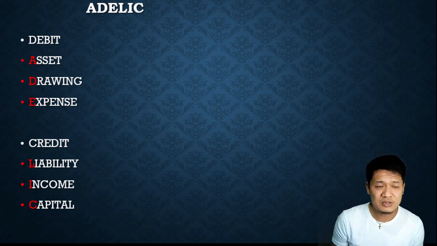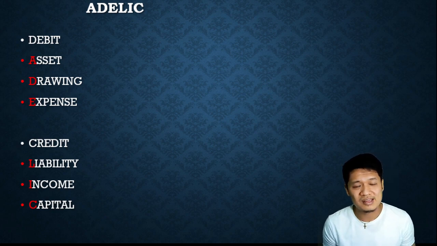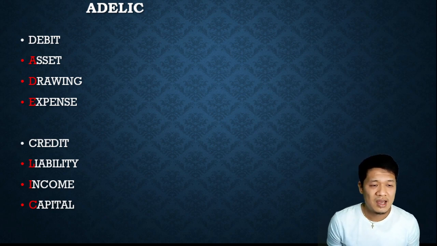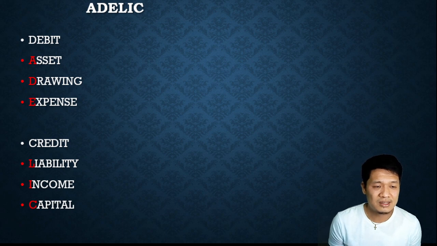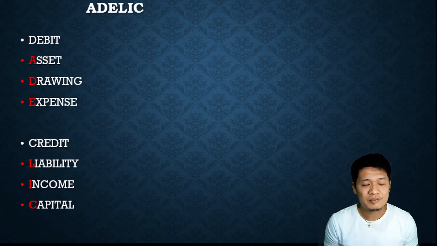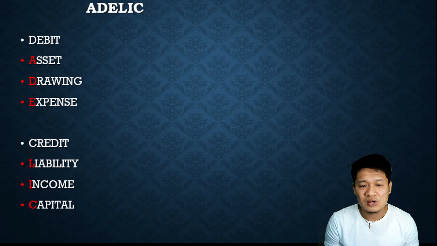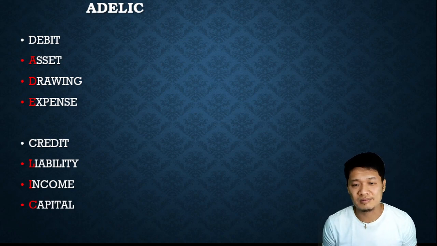Ibig sabihin, yung first three letters na yon, we debit them. And then yung LIC, the last three letters, liability, income, and capital, we credit naman yung tatlong yon. Hopefully, makatulong sa inyo to para hindi kayo malito what are the normal balance of each account. Kasi napaka-importante na nakabisado nyo kung ano yung normal balance ng bawat account, kasi yun yung pinaka-makakatulong sa inyo to create your financial statements.